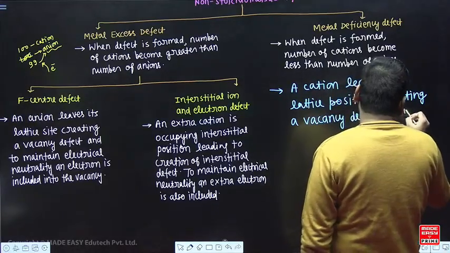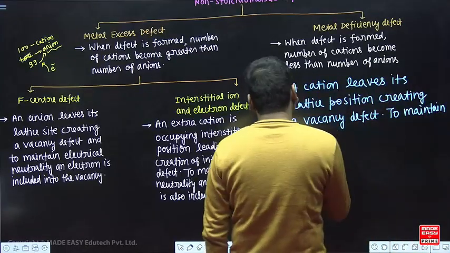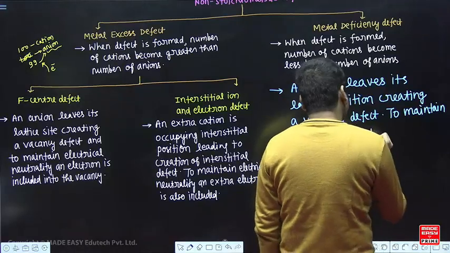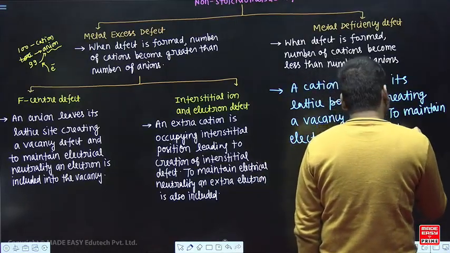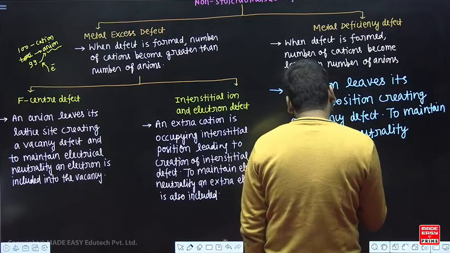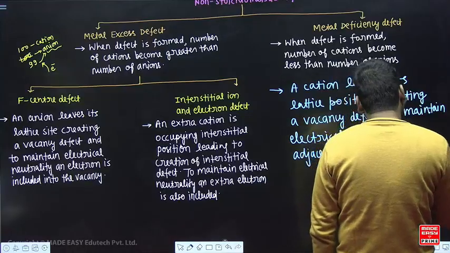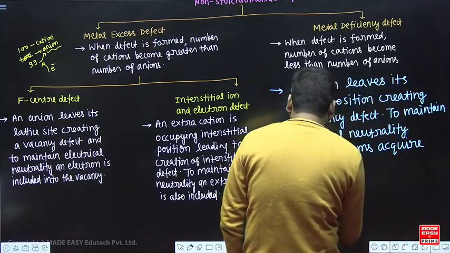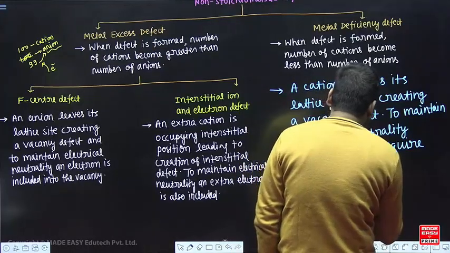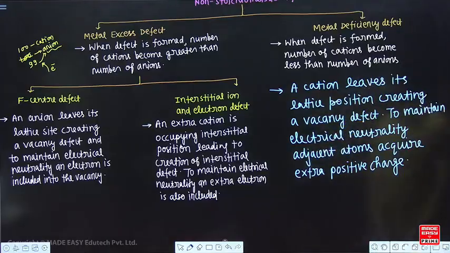To maintain electrical neutrality, adjacent atoms acquire extra positive charge. Please note down.